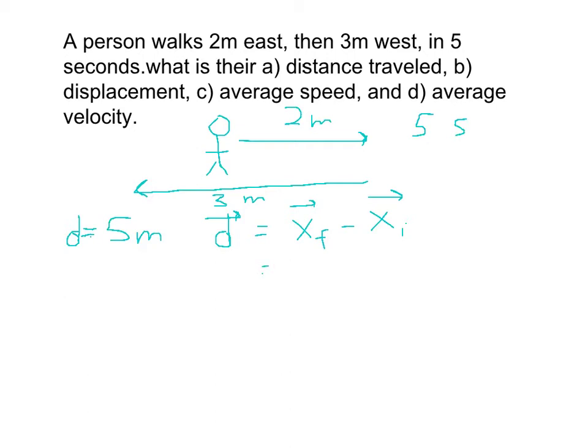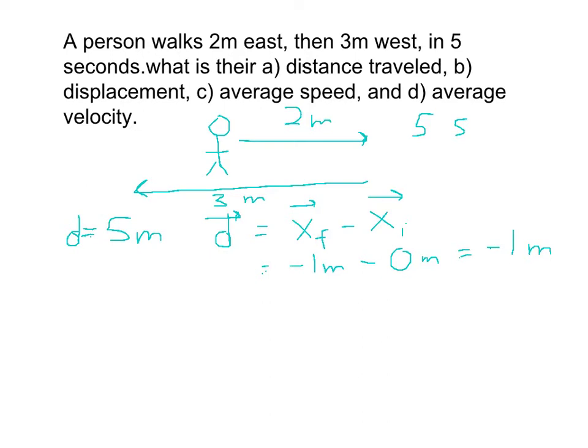So this is negative 1 meter minus their initial position, and we'll just say their initial position was 0. So their displacement is negative 1 meters. That's how far away they are from the origin.